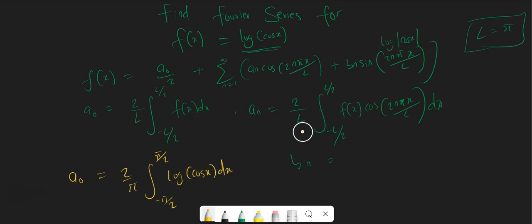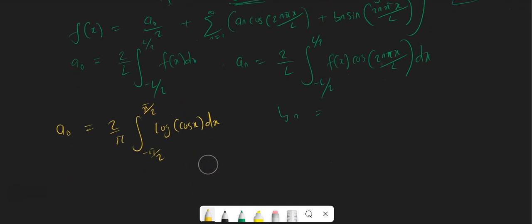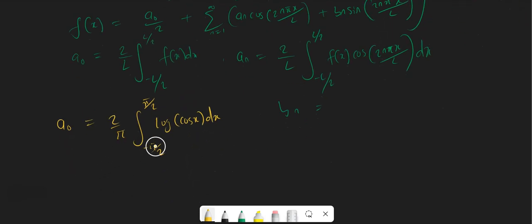Because the interval is symmetric, and cosine of x is an even function, the logarithm of cosine of x is going to be even. So this is going to be 4 over pi multiplied by the integral from 0 to pi over 2 of logarithm of cosine of x dx.